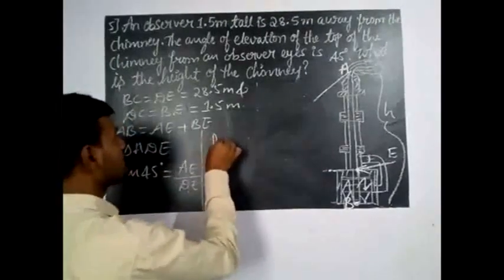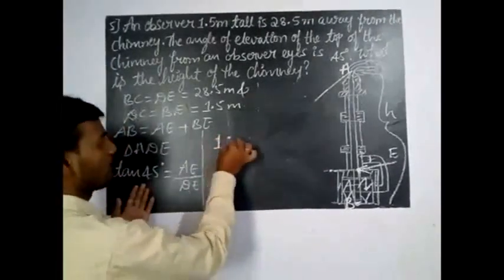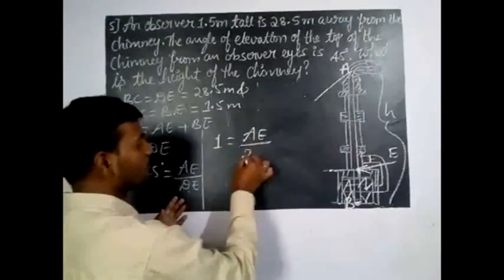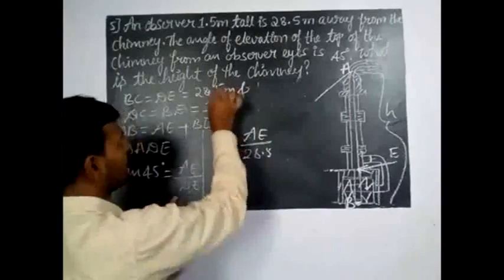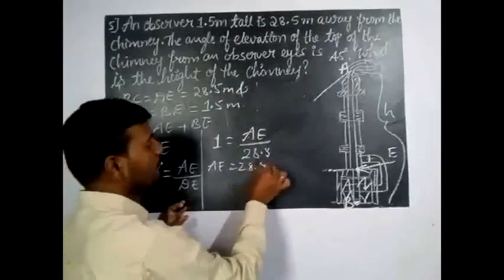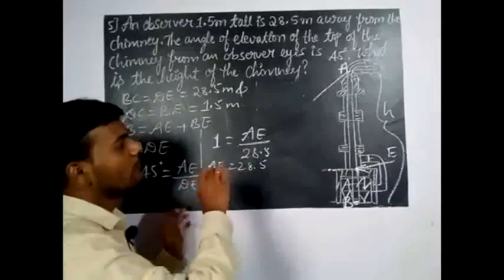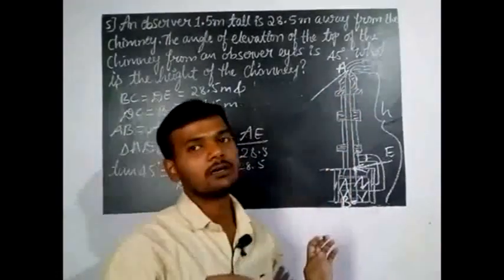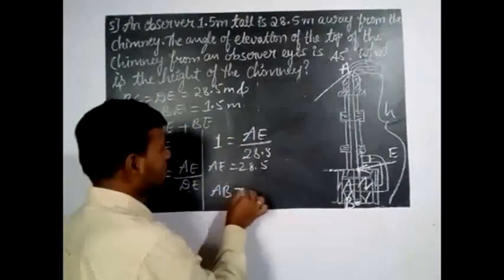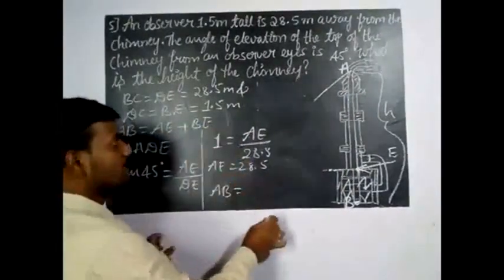So tan 45 is 1, which is equal to AE divided by DE. DE is known, that is 28.5. Then AE is equal to 28.5. Then what we have to find here? The height of the chimney, that is AB. So AB is the sum of BE plus AE.